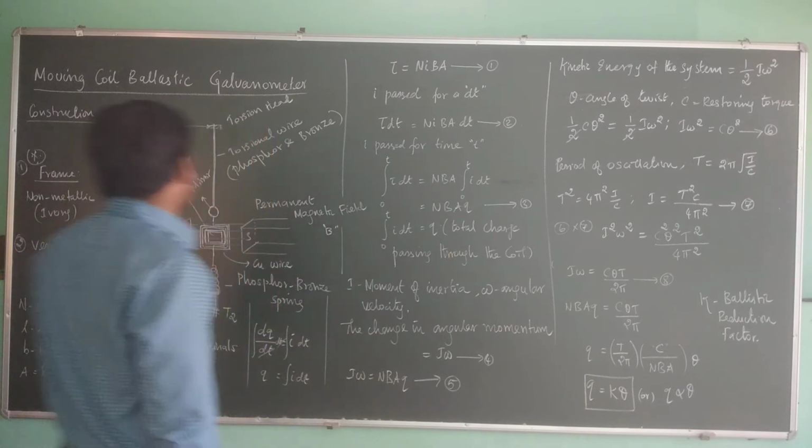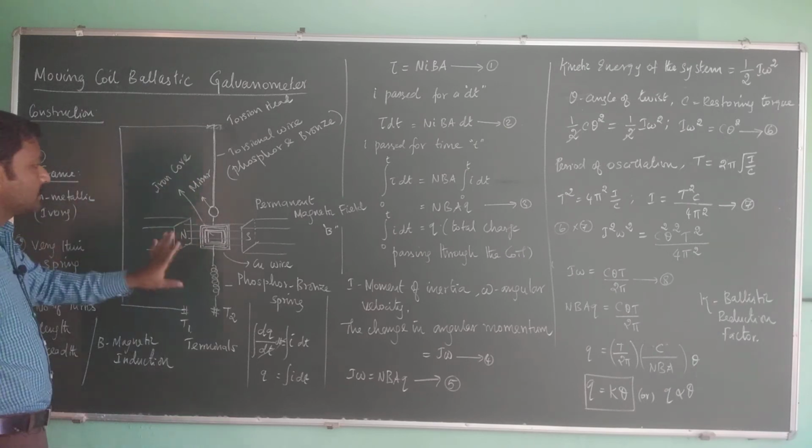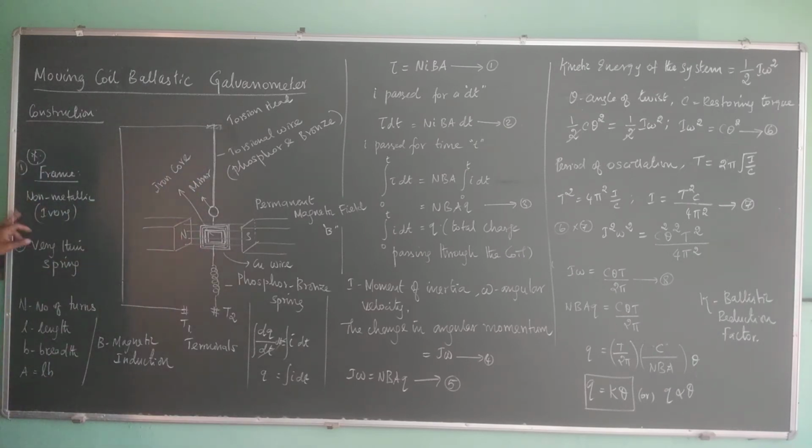So what is the characteristic difference between the moving coil galvanometer and the ballistic galvanometer? One important difference in the experimental setup is that the coil is wound on a non-metallic frame made of ivory.